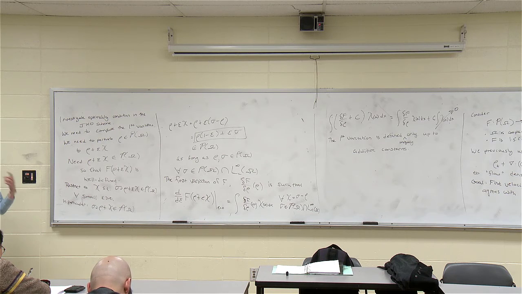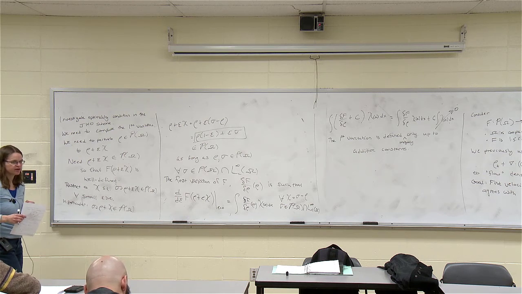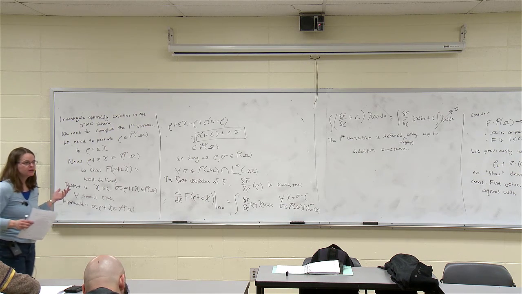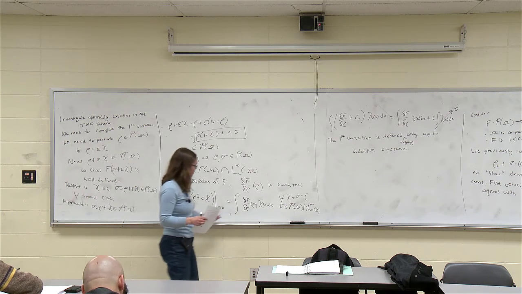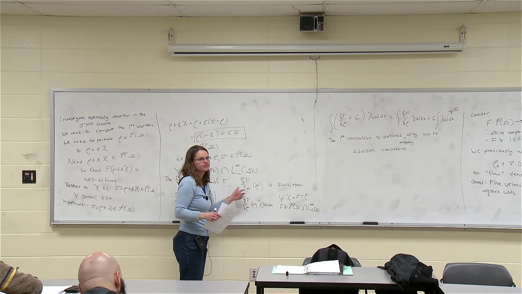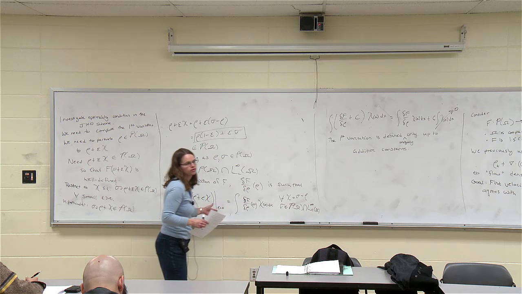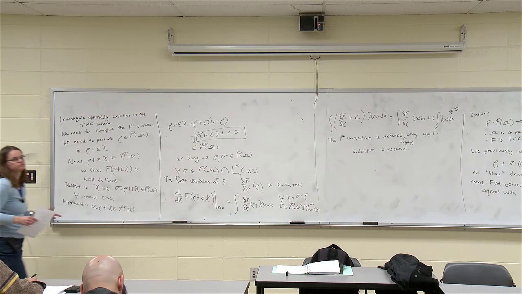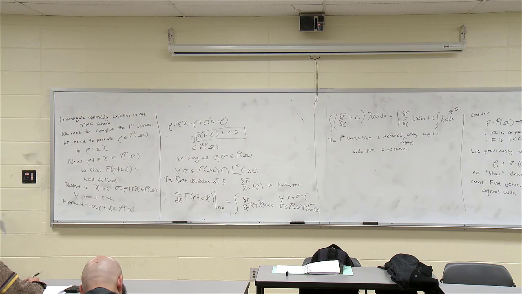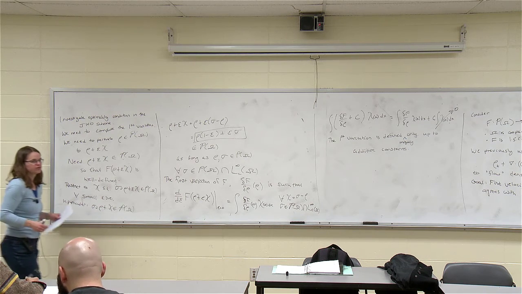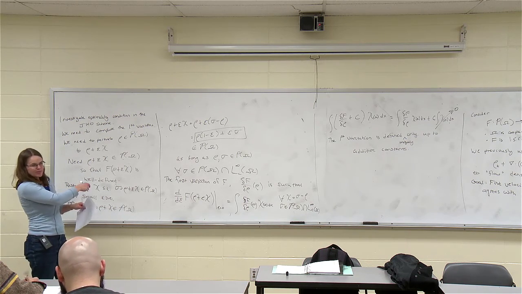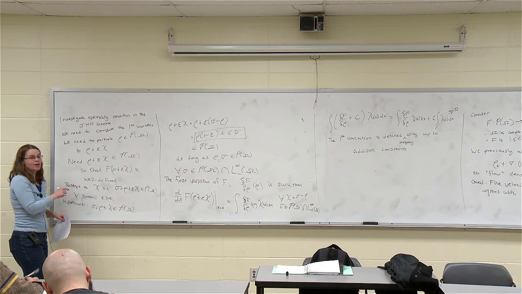So what does that mean? When we're trying to find a minimizer, what do we want to do? We want to take the first variation and try to set it equal to 0. What I'm actually going to effectively do is compute something like this and say the best I can do is set it equal not to 0, but know that it's equal to a constant. Okay, so it's a simple point in some ways, a little bit subtle, but it's actually important.